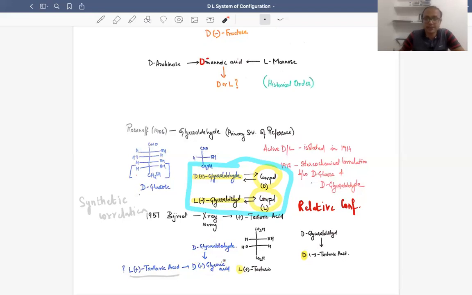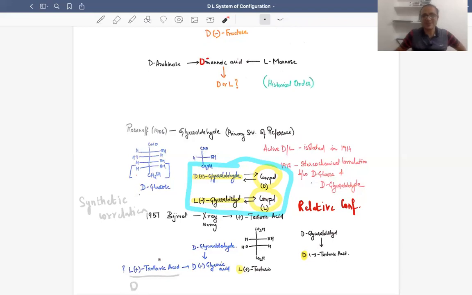So we know that the levorotatory glyceric acid is D configured. But as synthesis advanced, people were able to do better synthesis. They were also able to convert L plus tartaric acid to D-glyceric acid. But according to the definition, if we synthetically correlate, you should be able to say that this dextrorotatory should be a D plus glyceraldehyde.